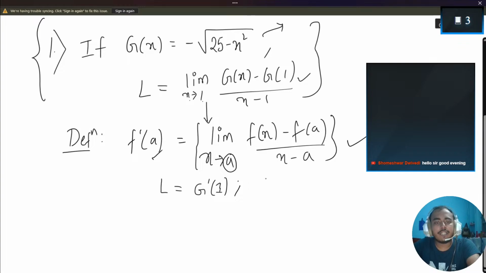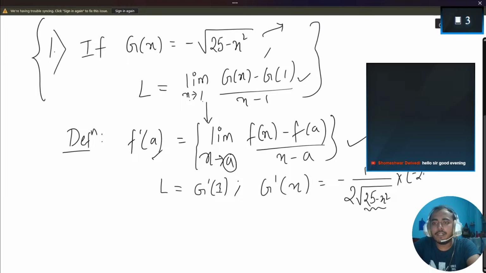Now, first of all, what is the derivative of g? The chain rule tells us that this derivative can be evaluated like this. The derivative of root x is 1 by 2 root x, so we write 1 by 2 root over 25 minus x square, multiplied by the derivative of 25 minus x square, which is minus 2x.